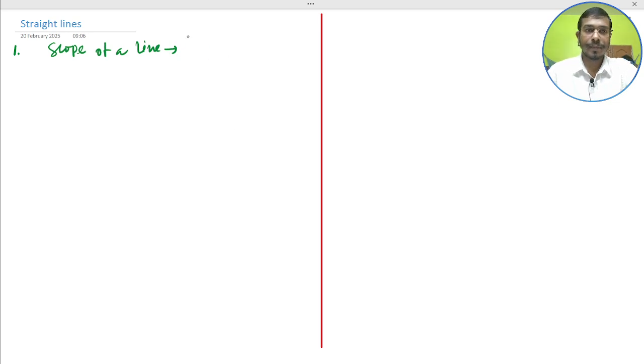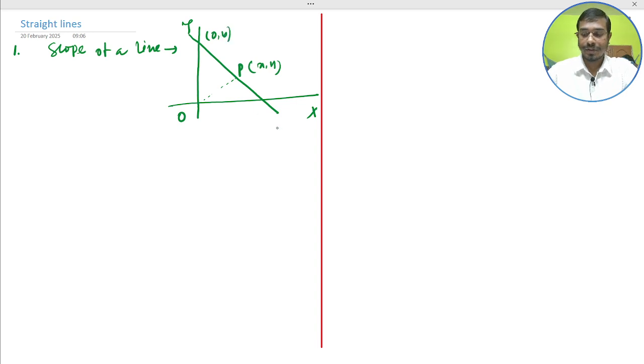Here is the diagram: this is the origin, x and y axes. This is a straight line. This point is P, with coordinates (x, y). This is A, this is B.